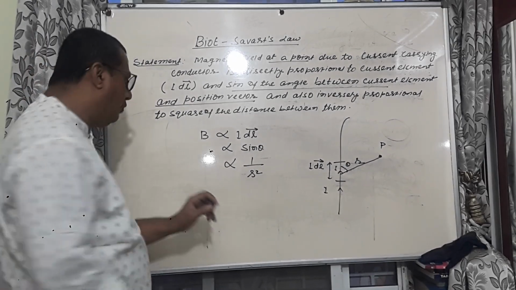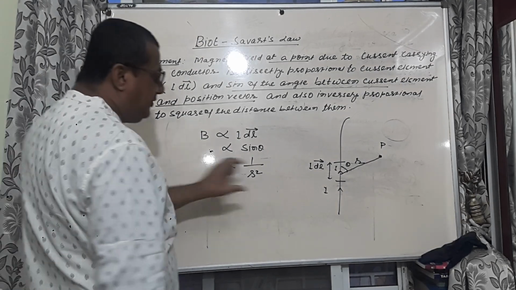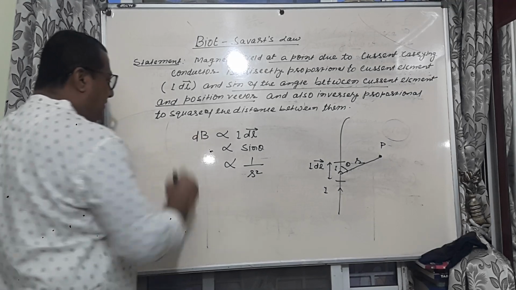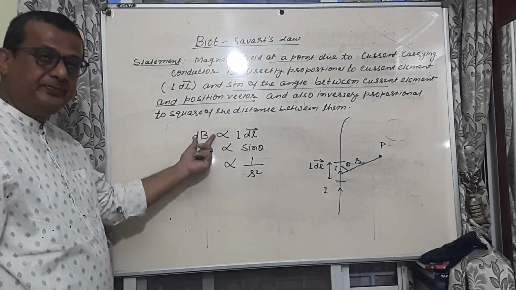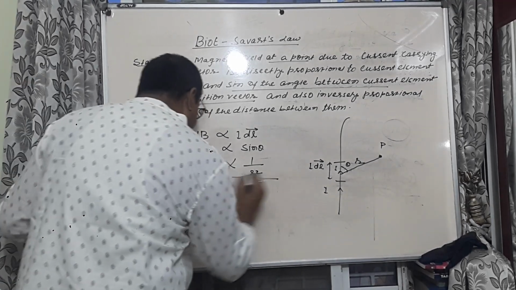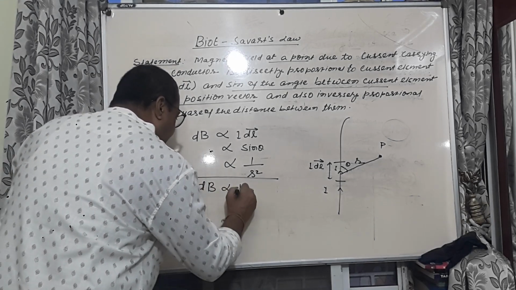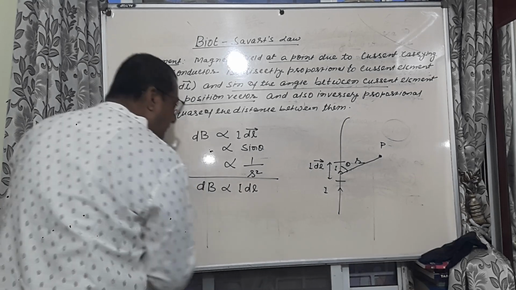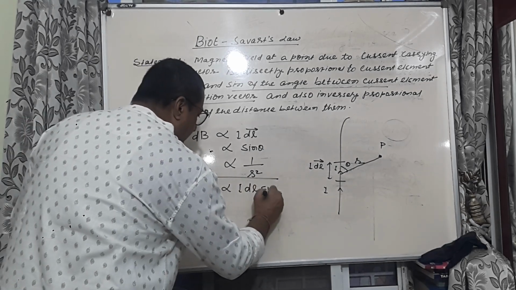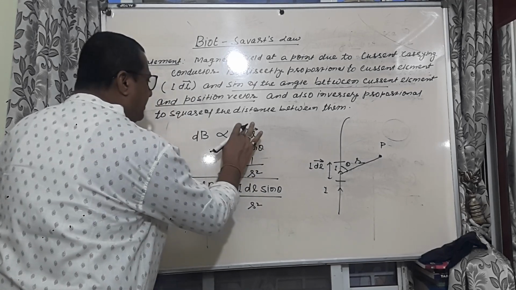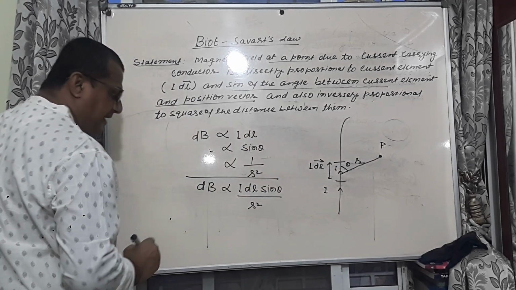Now we are taking here a small element, so the magnetic field will be small, so dB. Now combining all, dB is proportional to I dl sine theta divided by r square. Initially we are taking not vector, only a scalar quantity.